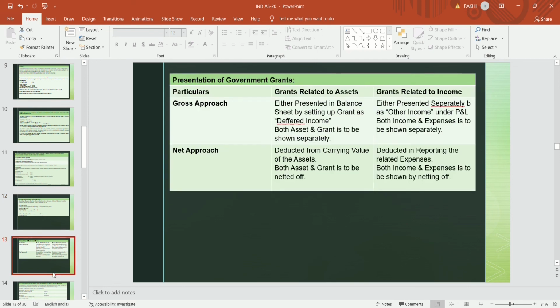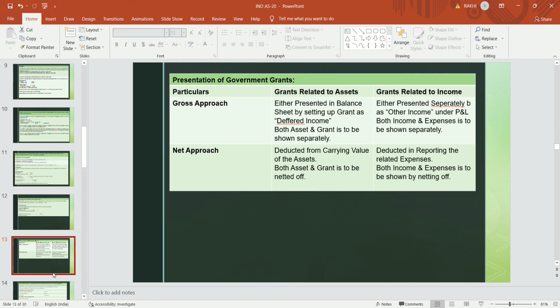So how is the presentation to be done? In the gross approach, the presentation is done like a grant related to an asset. If the asset is given by the government to the company, then it is presented in the balance sheet as an asset on the asset side, and on the liability side as deferred grant.